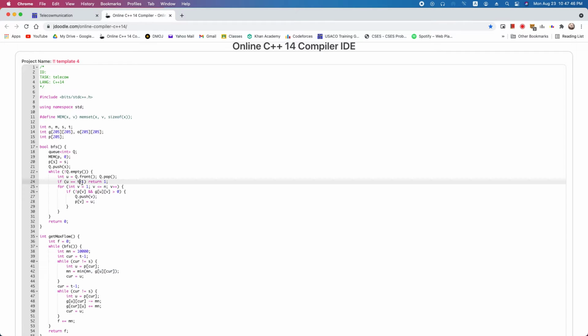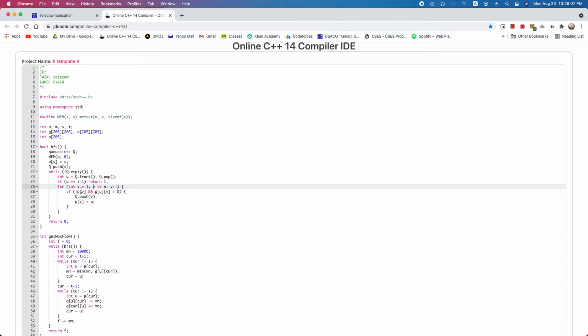We do minus 1 because it means that this is the receiver node. We should be receiving the signal from whatever nodes there are. So if it's equal to this t minus 1, this will mean that there is a path from our starting node to the ending node. Then we should return true, meaning that there is a path from this.